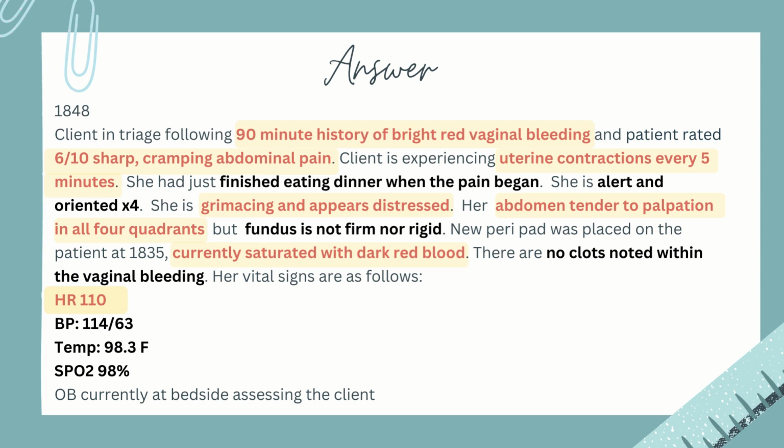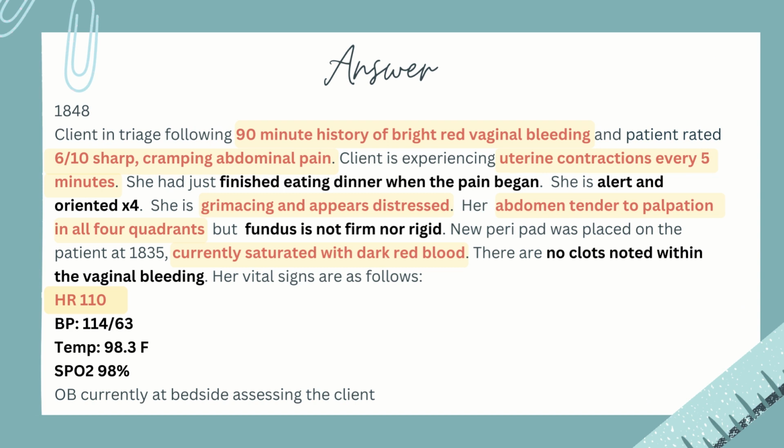Her fundus is not firm nor rigid. So sometimes you'll have distracting answer choices like this because not every client will present with 100% the same symptoms with the condition. We'd expect a firm fundus in an abruption, but we don't have one. That doesn't mean we'd absolutely rule out an abruption, so we definitely want to keep digging, but we're not going to select that answer.